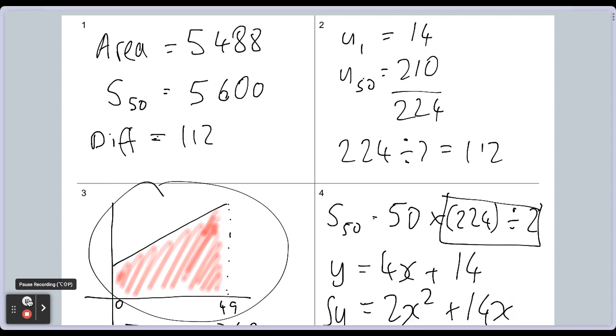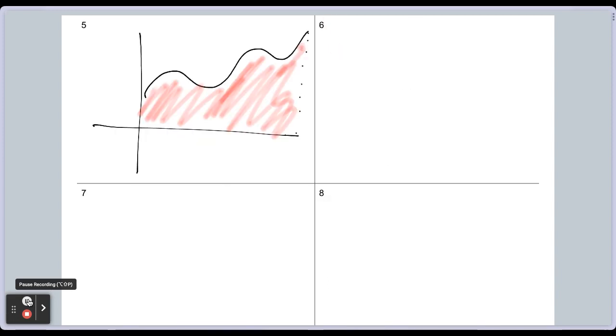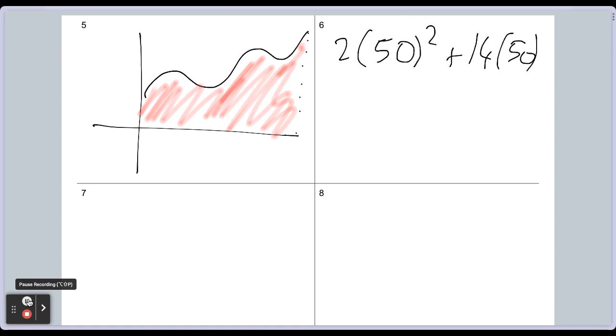If I look at that and I substitute in, say, 50, because of 1 unit across, don't worry about y, 50 into this, see what we get. We get 2x squared plus 14x. So we have 2 multiplied by 50 squared plus 14 times 50.